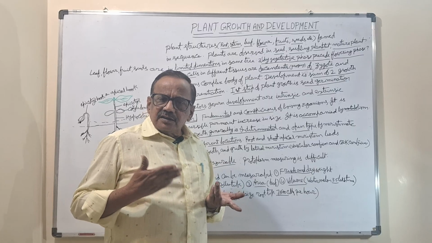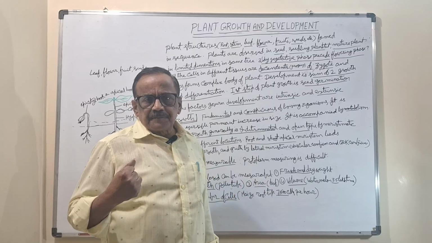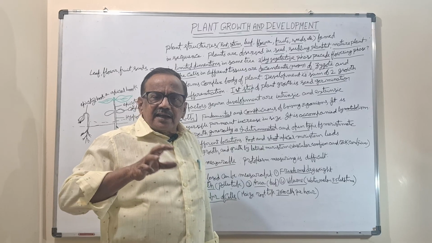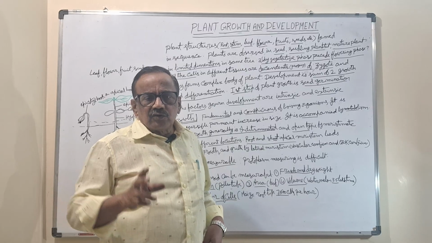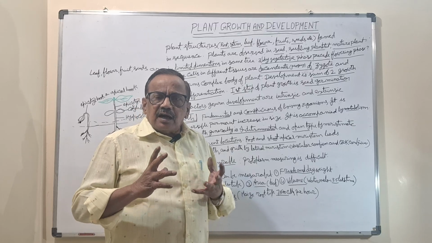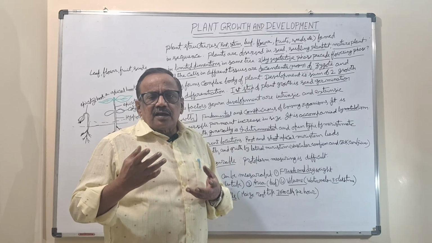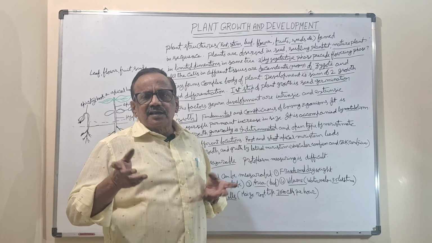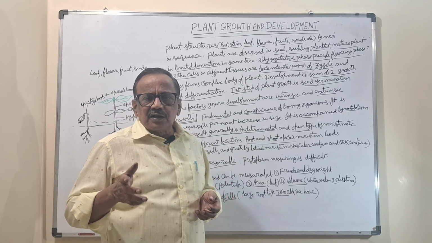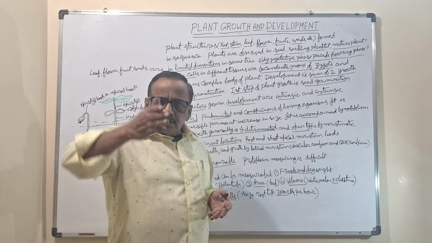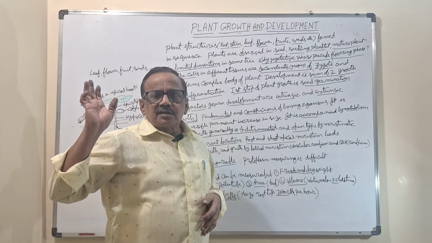So we used to follow a partial method which can indicate the total growth. That partial method means organ level, total cell number increase, or surface area increase, like that he has given, which are more important for matching or objective type questions.